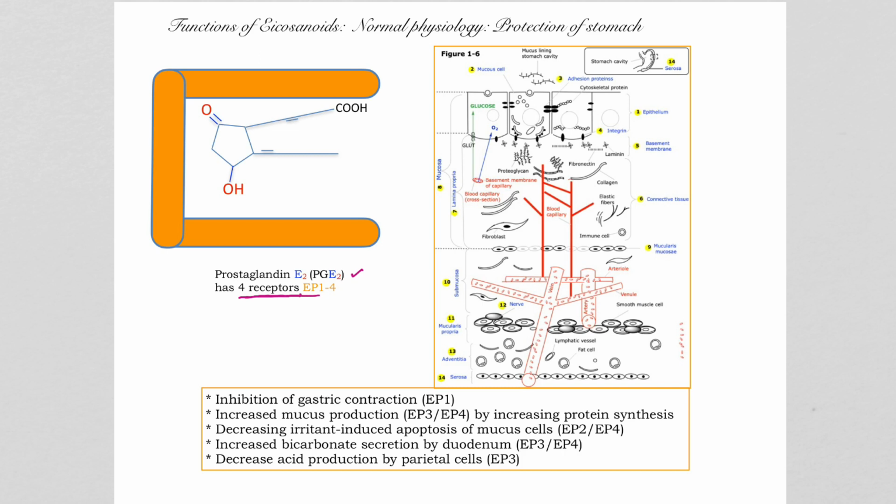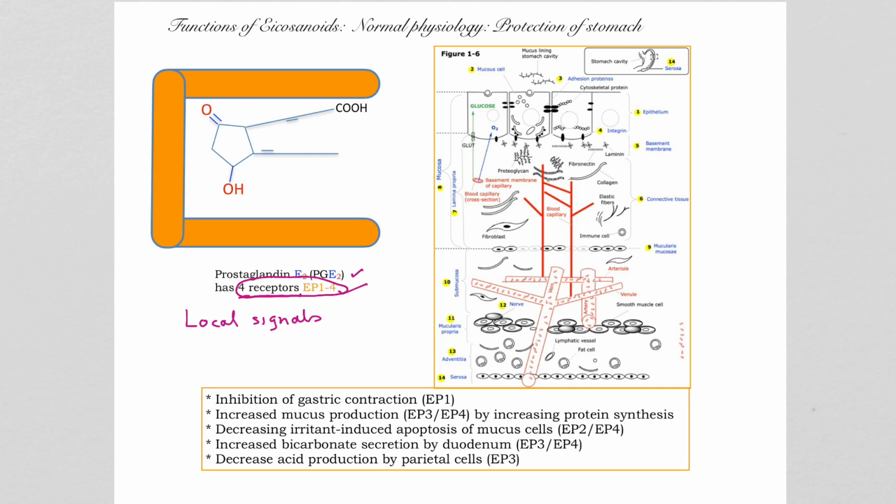These receptors for E2, there are 4 types called EP1, EP2, EP3, and EP4. Now it's important to note that these eicosanoids are local signals. That means they only work nearby the cell that secreted them. Okay, so they work only nearby to the cell, to the microenvironment where they are secreted.